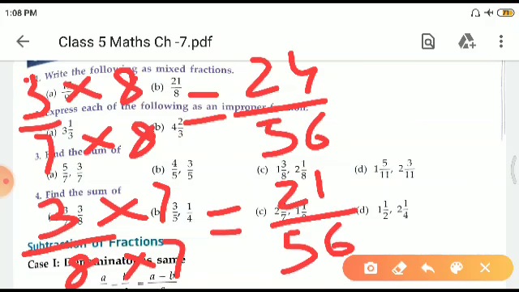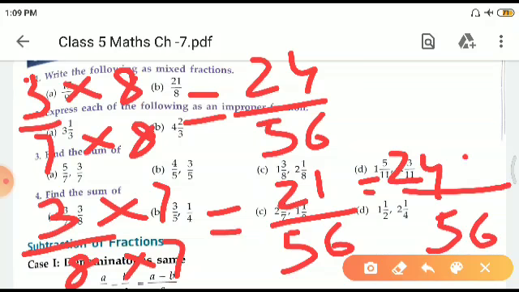Now we add, so we will be getting 56 will be there, and we will write 24 plus 21. So we will be getting 45 upon 56 is the answer, right children?